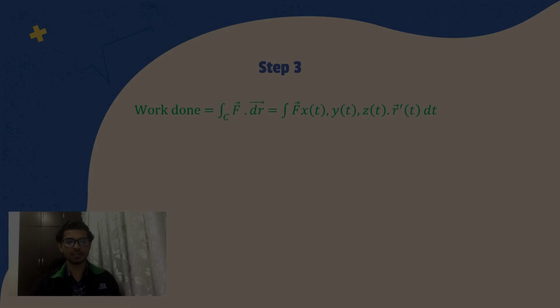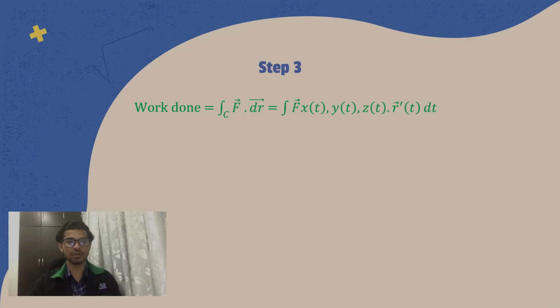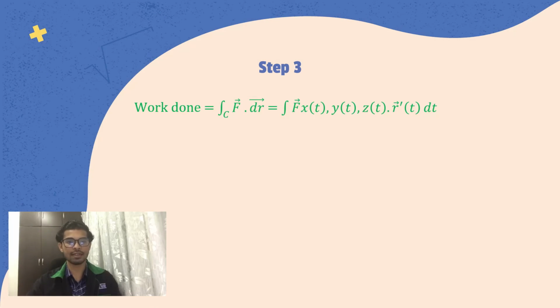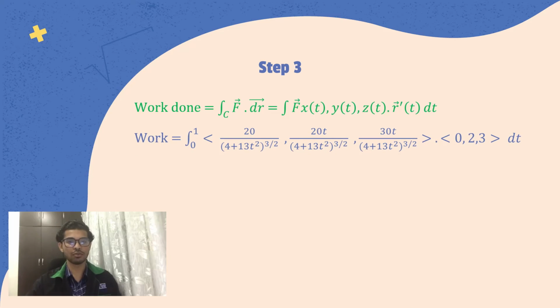For step 3, as we know, the formula of work done equals the integral of F dot dr, which equals the integral of F(x(t), y(t), z(t)) dot product with r prime (t) dt. As we show, work equals the integral from 0 to 1 of <20 over (4 plus 13t squared) to the power of 3 over 2, 20t over (4 plus 13t squared) to the power of 3 over 2, 30t over (4 plus 13t squared) to the power of 3 over 2> dot product with <0, 2, 3> dt.